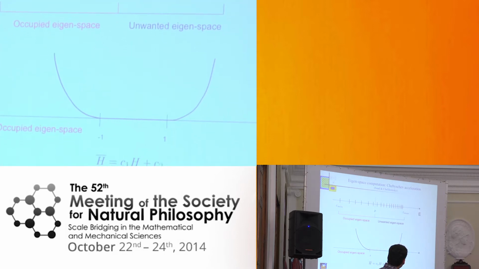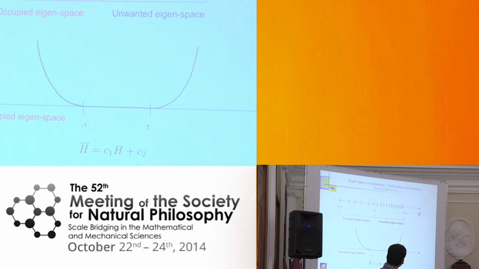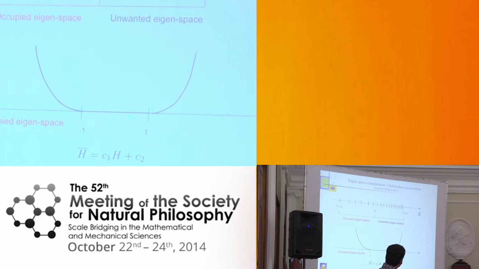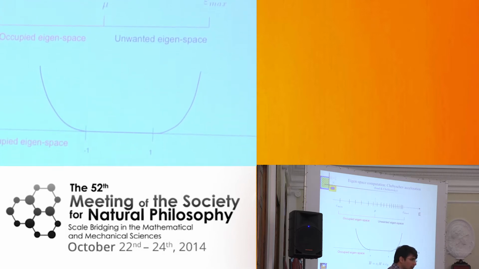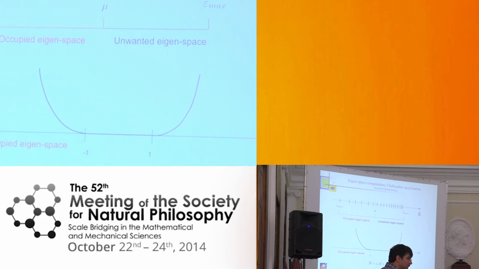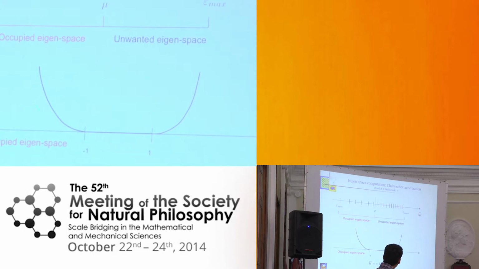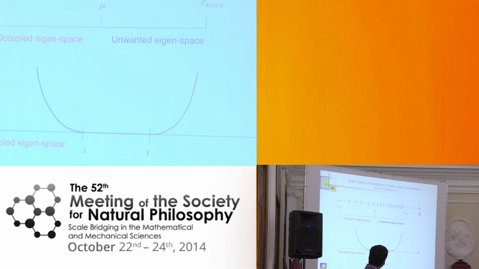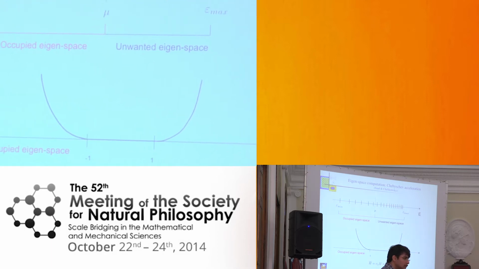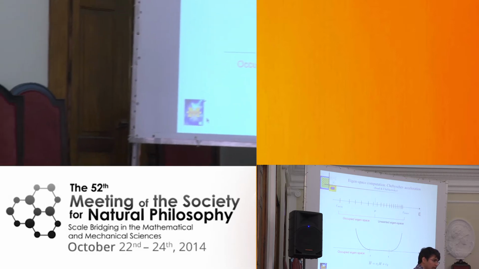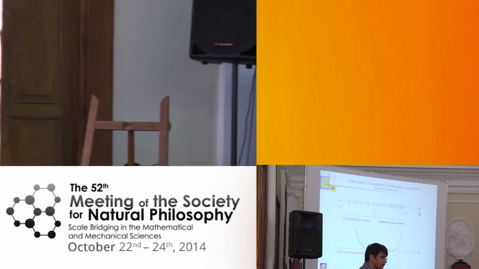So if we scale and shift the Hamiltonian such that the unwanted eigenspace lies between -1 and 1, and the occupied eigenspace lies to the left of -1, then we construct a Chebyshev filter which grows very rapidly outside this domain, and we can apply the Chebyshev filter to a random bunch of vectors. What that does is it kills the unwanted eigenspace and it magnifies the occupied eigenspace. So it's an extension of the power iteration in trying to compute the eigenspace very effectively.